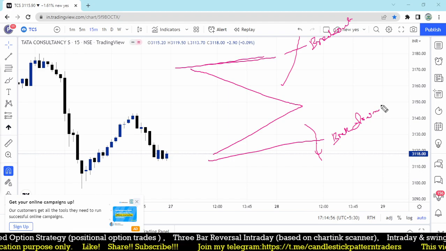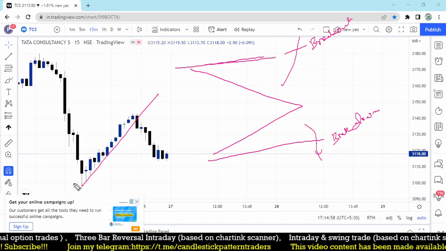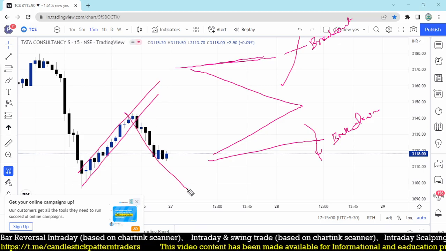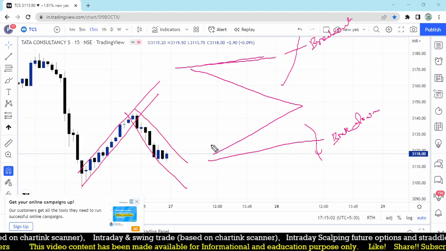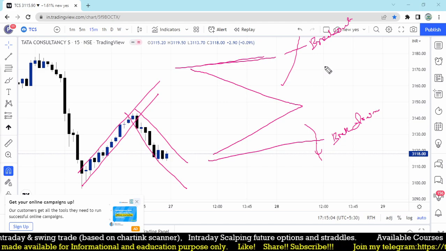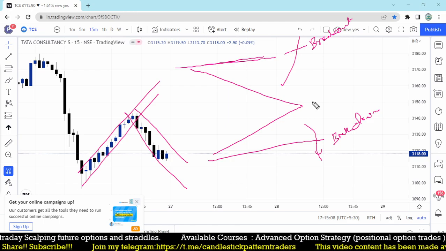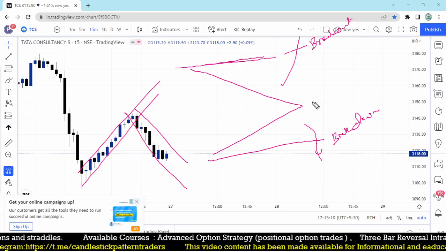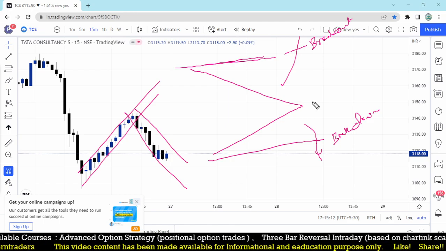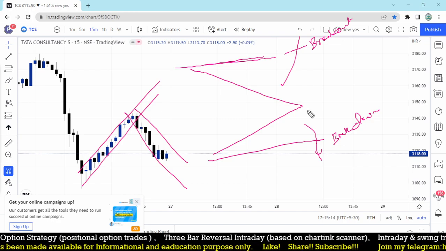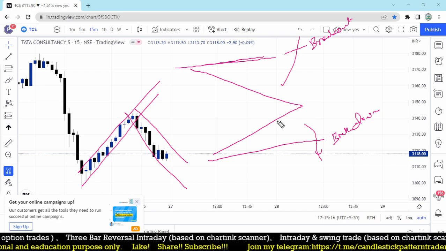So let's see, this one keeps going like this on the chart, and this one keeps going like this. But I'm going to find the stock which forms a greater than symbol, or a less than symbol, whatever. I think it is a greater than symbol.